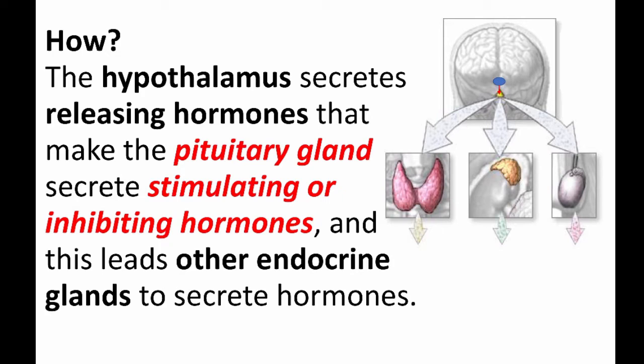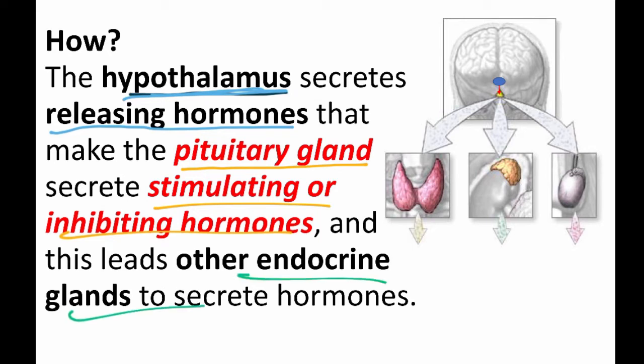So in this image, the hypothalamus is shown as blue, and the hypothalamus secretes hormones that are called releasing hormones, and that makes the pituitary gland, which is yellow instead of red, release a second set of hormones that stimulate or inhibit the action of a third set of glands, like the thyroid or the adrenals or a gonad like the testis.